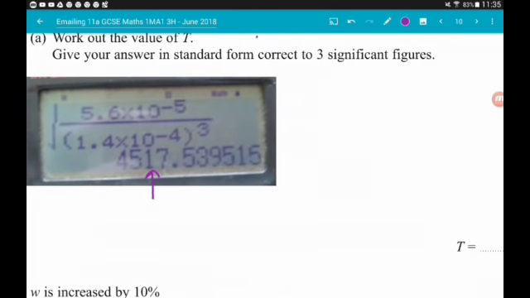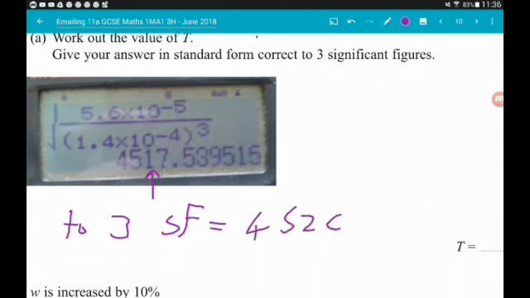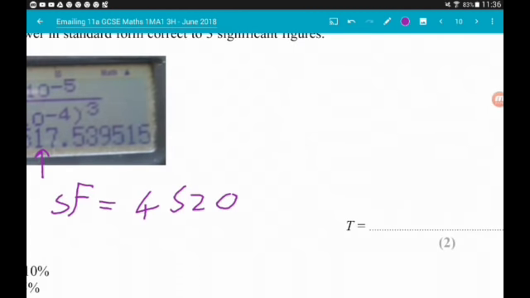So, to 3 sig figs, we get 4,520. In standard form, that is 4.52 times 10 to the power 3.